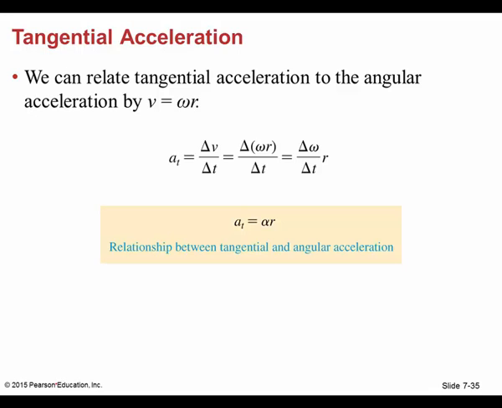So how can we relate tangential acceleration to the angular acceleration? Well, we use this equation right here. Remember, now you say, well, why are we using that? Because that's for linear velocity. Yes, it is. Well, we substitute in right here, and so the change in omega times r over t, okay, we get what?